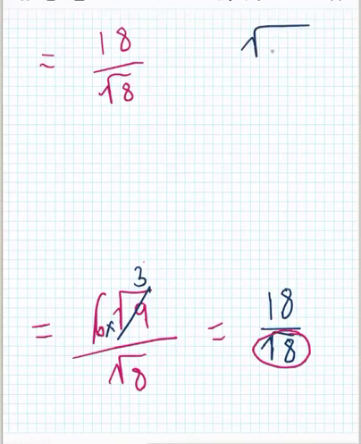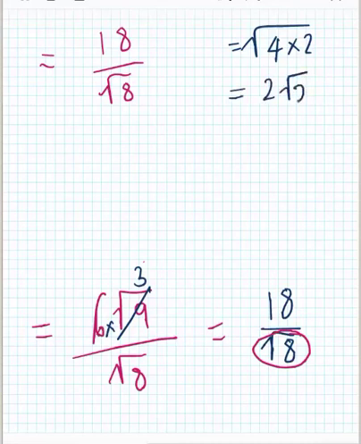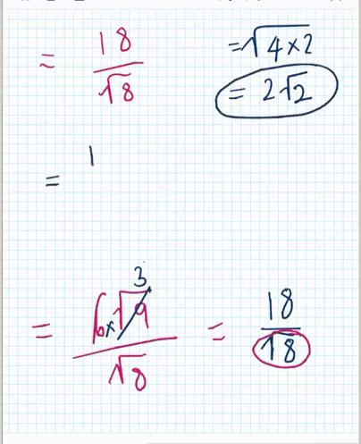You might be able to do it mentally and just see the answer. But let's just do some working out. So square root of 8 can be written as 4 times 2, because I know 4 is a perfect square. So square root of 4 is 2, and I'm left with the square root of 2. So the square root of 8, when simplified, is that. So we have 18 over 2 square root of 2.